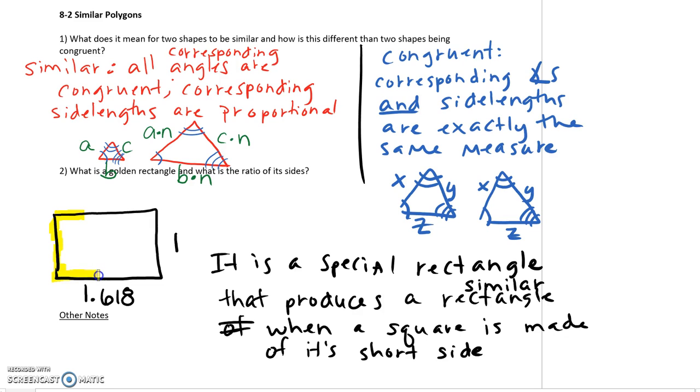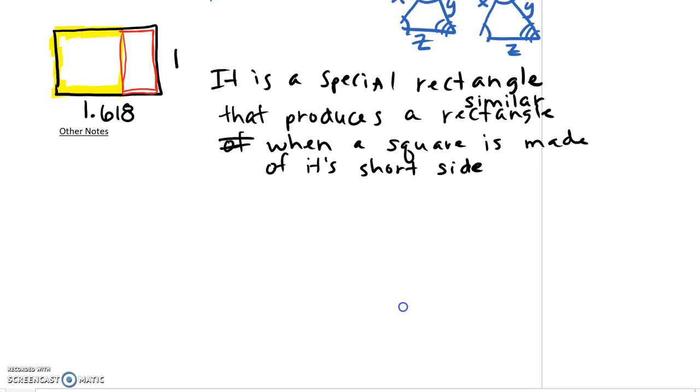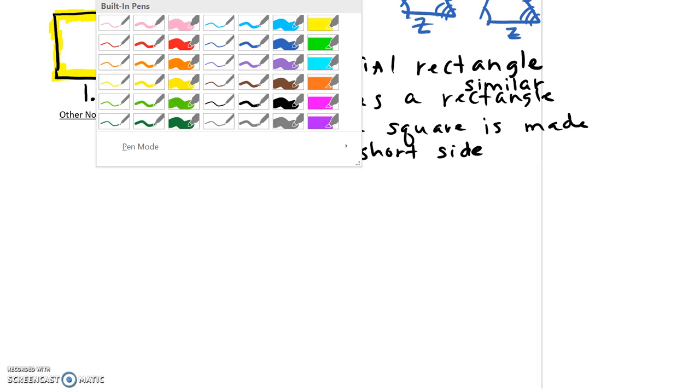So if I draw a square using that side length, right? So there's my square. My new rectangle is similar to the rectangle that I started with. They're proportional to each other. It's actually really kind of cool. Okay, so you need to understand the 1.618 to 1 for some of the problems. You need to understand similarity. I'm going to go through some other notes. The other notes are actually really important in this particular lesson.